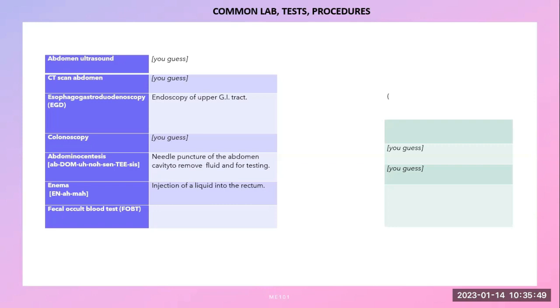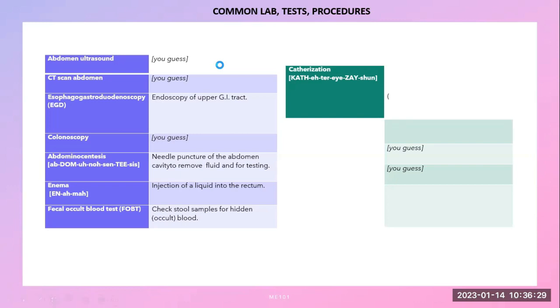Fecal occult blood means the blood inside the stool that you cannot detect by your eyes. You have to do the test to make sure whether the patient has blood in the stool or not. And we usually use the abbreviation FOBT. Whenever I say FOBT, everybody understands that. So make sure that you're familiar with that too.